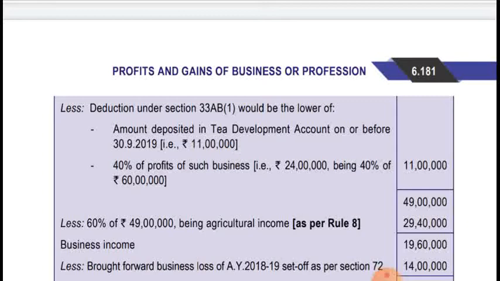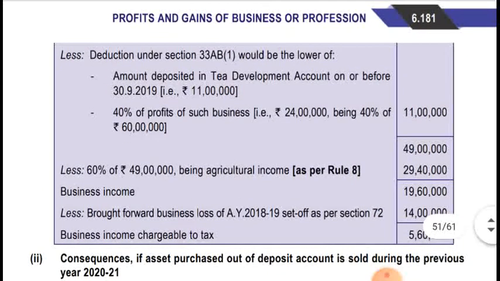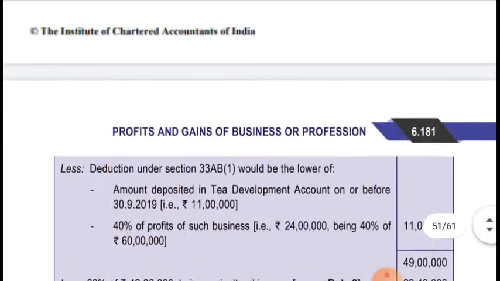It was given in the question that the brought forward loss of previous year 1718 was 14 lakh, so the brought forward loss of assessment year 1819, that is previous year 1718, is set off as per section 72, that is 14 lakh is set off. So business income chargeable to tax was 5 lakh 60,000 for the previous year ended 31st March 2019. Hope you have understood.